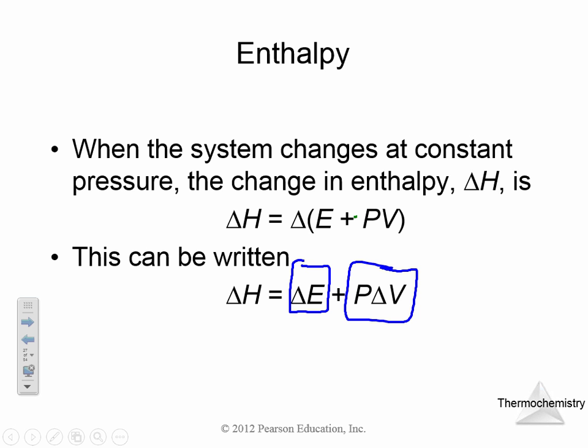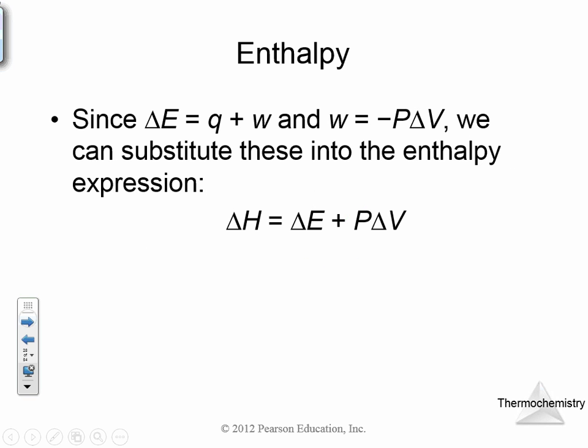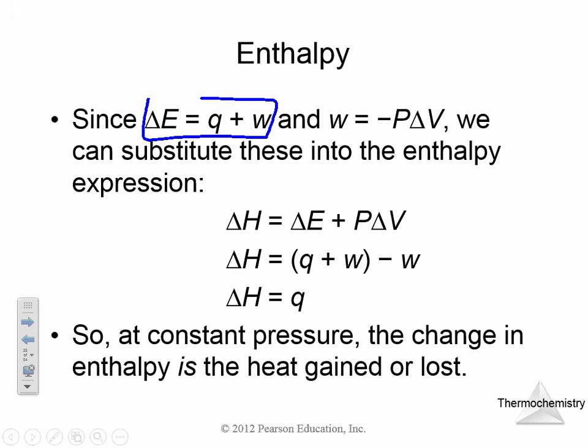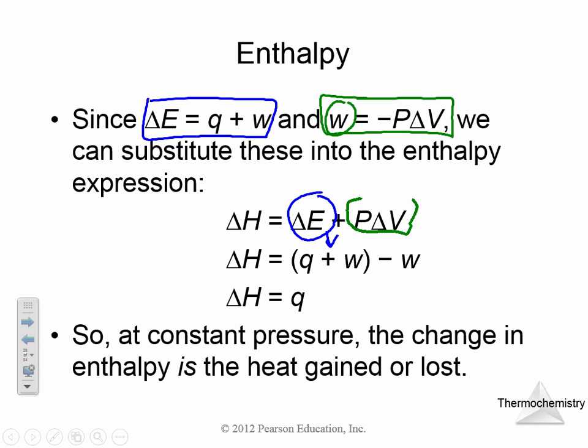Now, we're going to be able to substitute a couple things and simplify what enthalpy really is in an equation. So we know change in E is equal to Q plus W. We can take change in E and plug in Q plus W. We know W is equal to negative P times change in V. So simply by changing over the negative, we can substitute P change in V is equal to negative W. Well, what's Q plus W minus W?